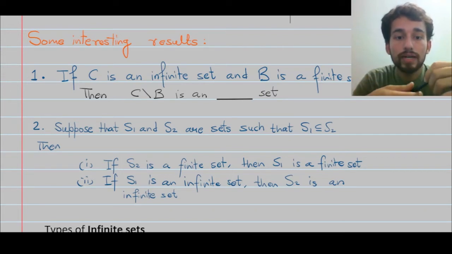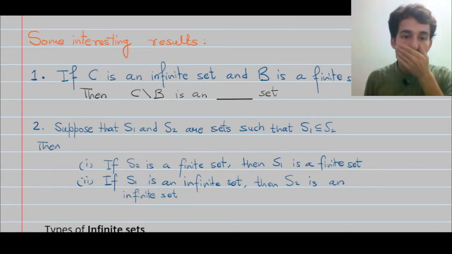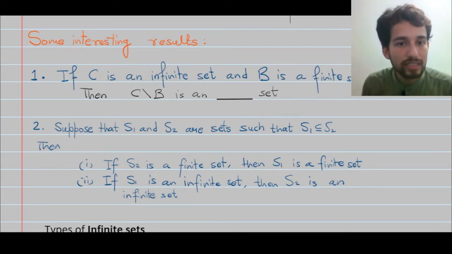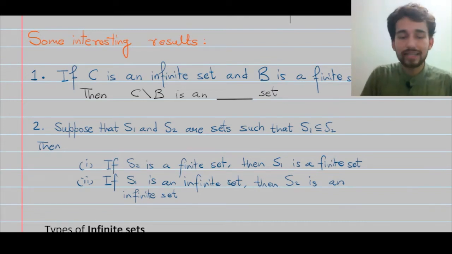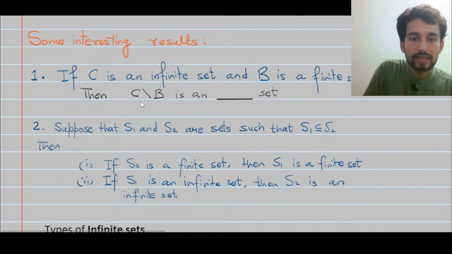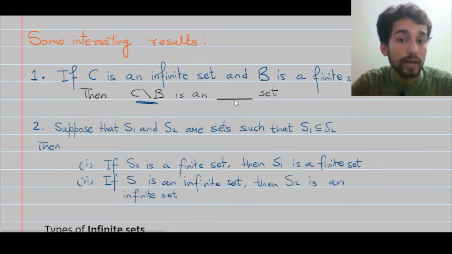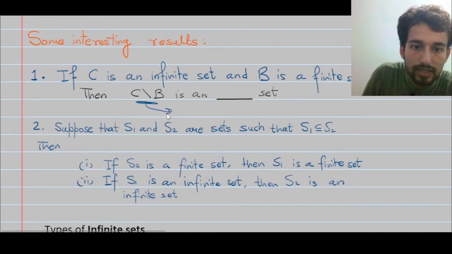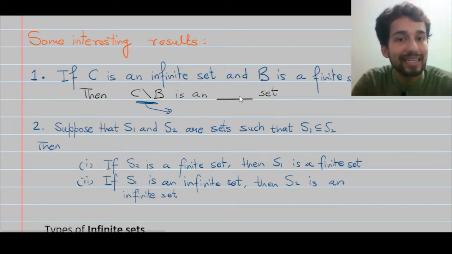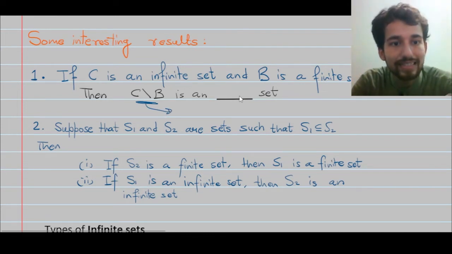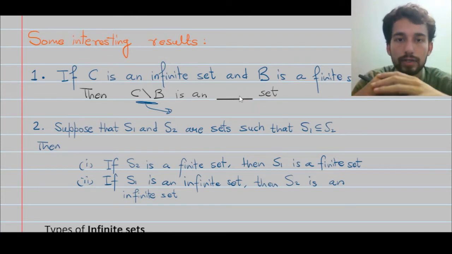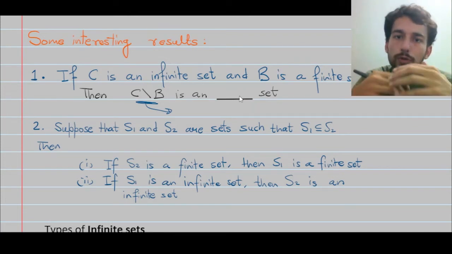So the complement of B related to the set C means you are collecting all those elements which are in the set C but not in the set B. I have left a blank space over here. I'm asking whether the resultant set will be a finite set or an infinite set. I ask you to pause the video here and try to think it over yourself.